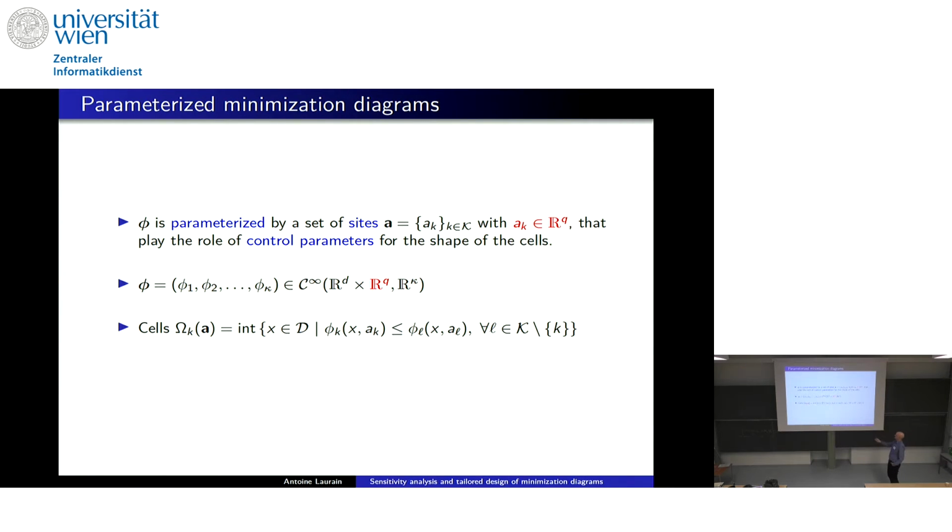So you have a function phi, which is a vector-valued function in R^D, but it also depends on this parameter, so it's also in R^Q here. This is just a point. This is just a vector of parameters.